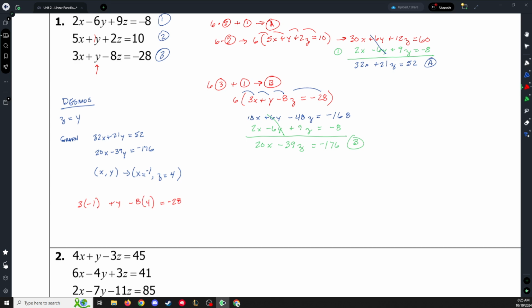Combining like terms, I get a negative 3, a negative 32. This is y minus 35 equals negative 28. And so y is going to be 7. So there's my y value. Here are my x and z values. My final answer is negative 1, comma, 7, comma, 4, called an ordered triple.